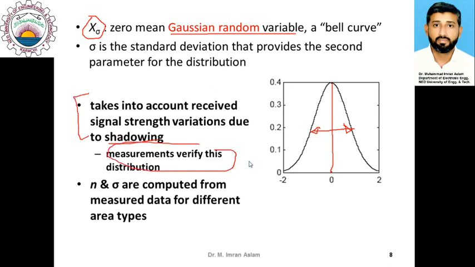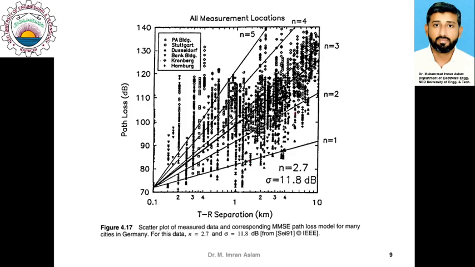As I would show in the next figure, this figure represents the number of measurements that took place at different distances. On the x-axis we have the TR separation, and on the y-axis is the received power.